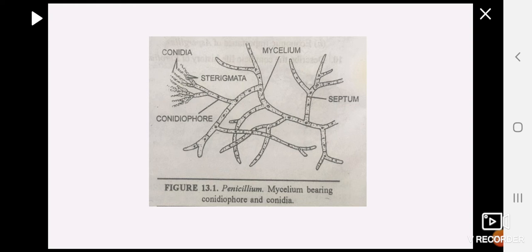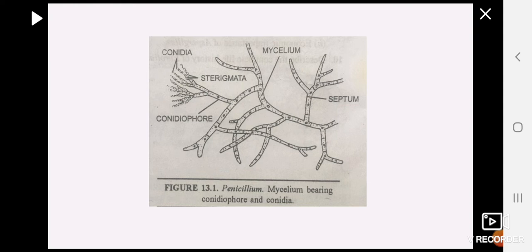Now this mycelium consists of hyaline, pale or brightly colored, tubular, branched, septate hyphae, and these septa are perforated, or you can say there's a pore in the septum. Because of that, the cytoplasm of these cells is in continuation with each other, and the cells are thin walled.